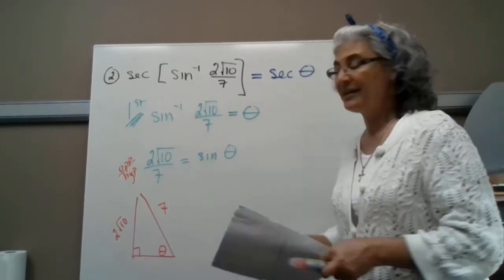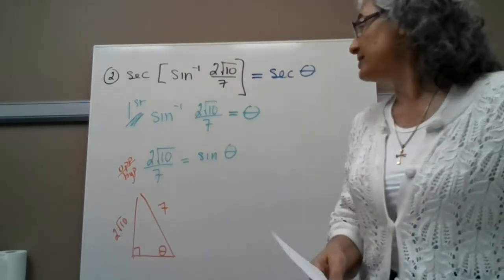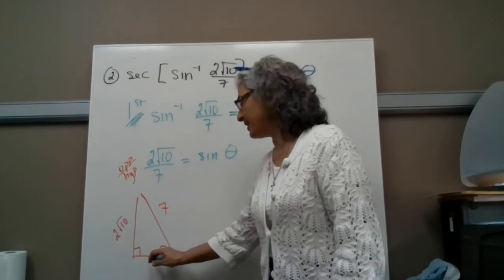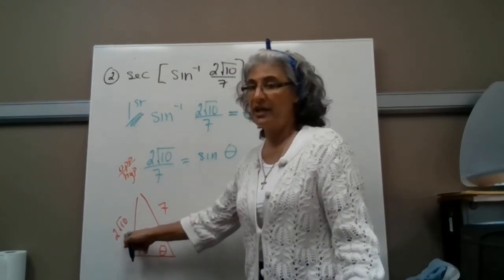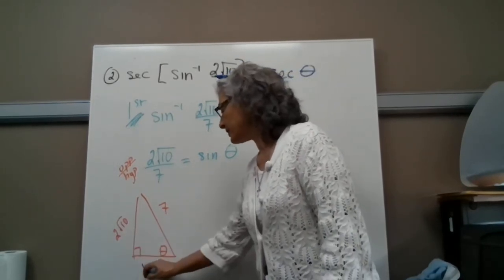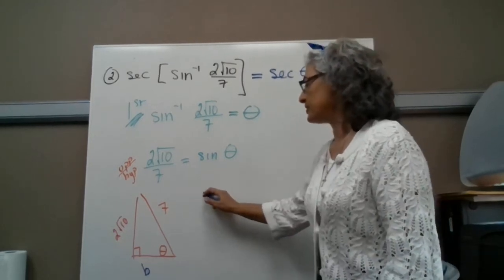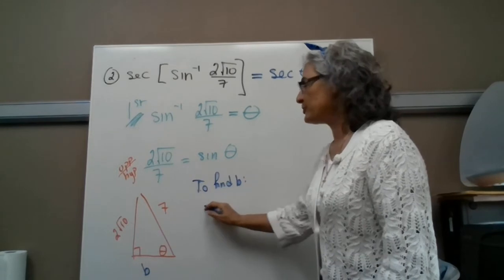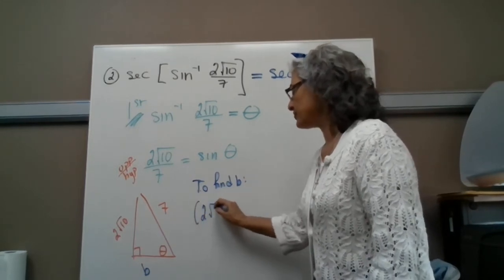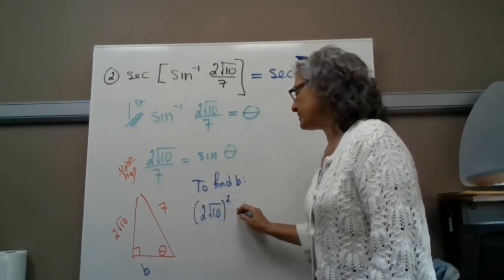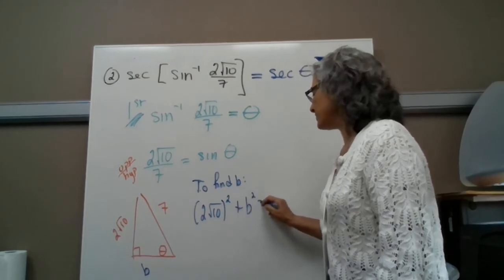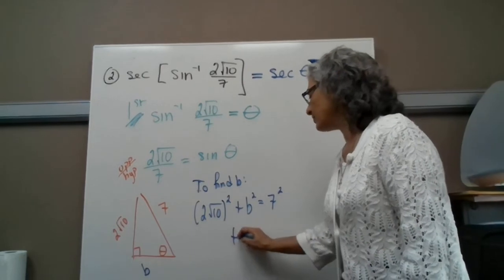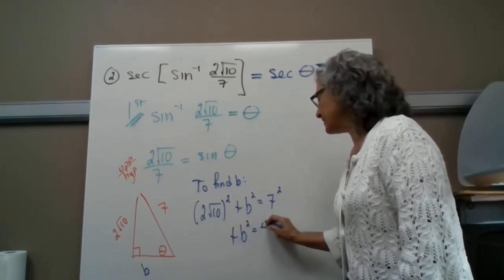So I'll work this one out for you because some of you may not be too happy with finding this side using that as your A. So I'll call that B. So to find B, use Pythagorean Theorem. Here's your A squared, or your A being squared, plus B squared equals your hypotenuse squared. Well, clearly that's 49.